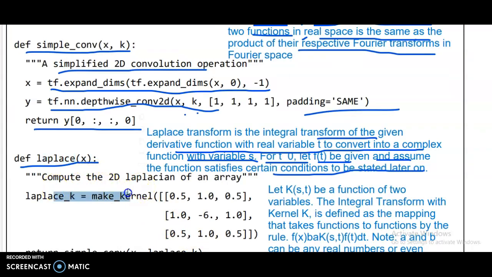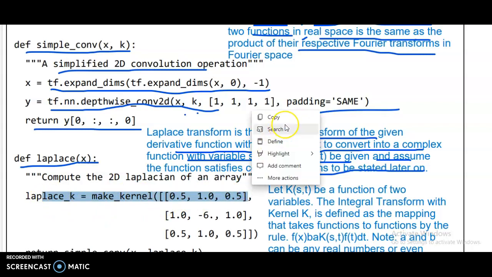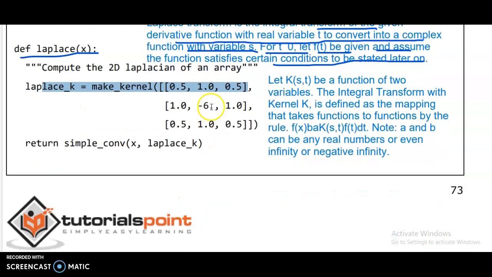Compute the Laplace of an array. Laplace k: make kernel 0.5, 1.5, 1, minus 6, 1, 0.5, 1.5, a 3 by 3 matrix. Return simple convolution of x, Laplace k.